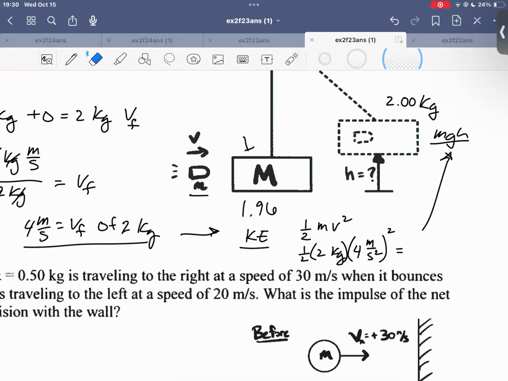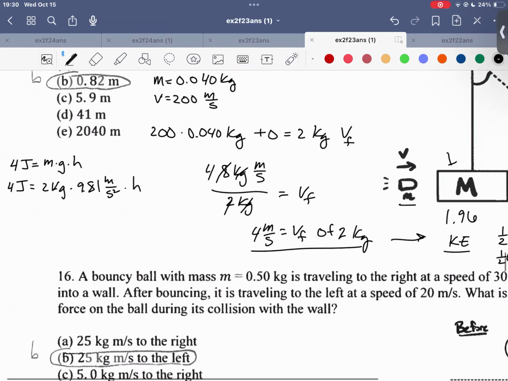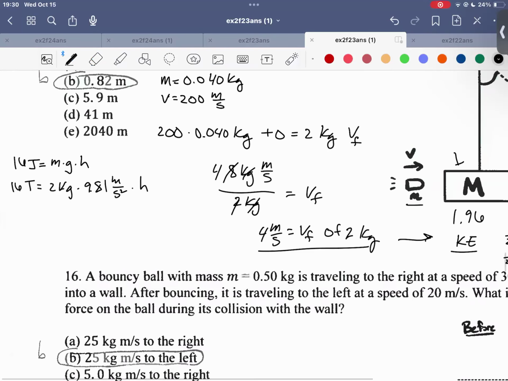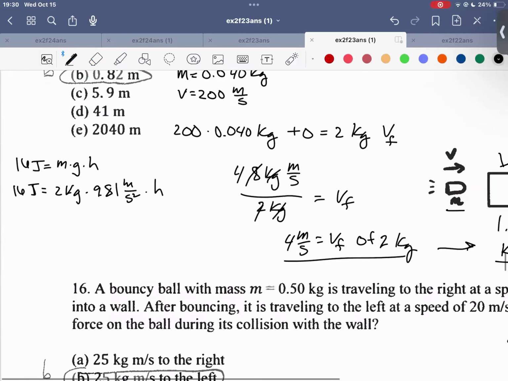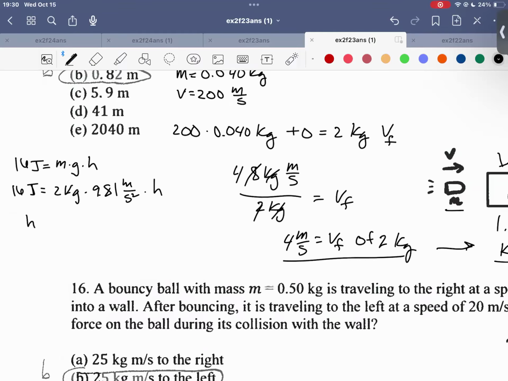So this actually should be 16 joules. Yeah, nice catch. So that leaves us here with 16 joules. So we have 8 divided by 9.81, right? And so that gives us our answer.